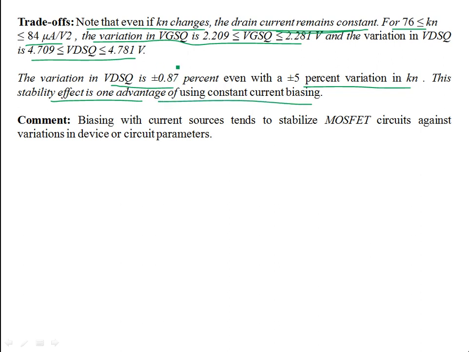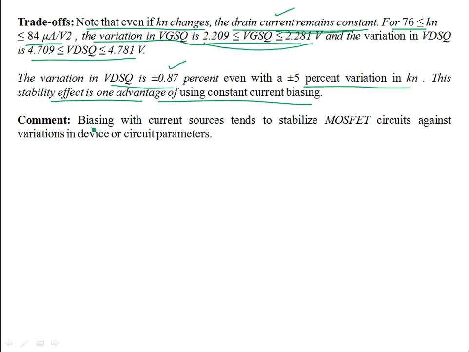Since VGS has a very small variation, the drain current in the saturation region is not going to vary much. So your Q point is stable. The operation is not going to shift to non-saturation, or there won't be any significant shifts. You're still in saturation, and the drain current is still the same.